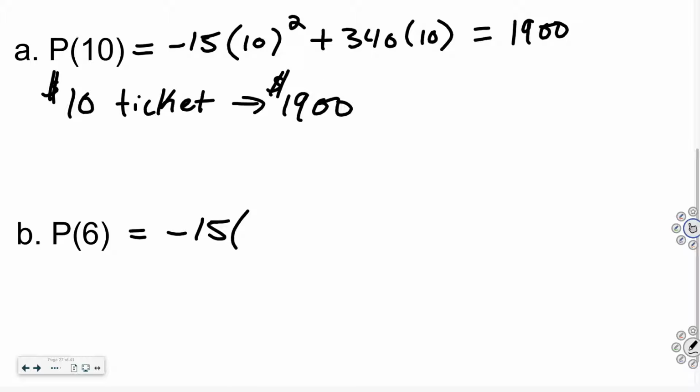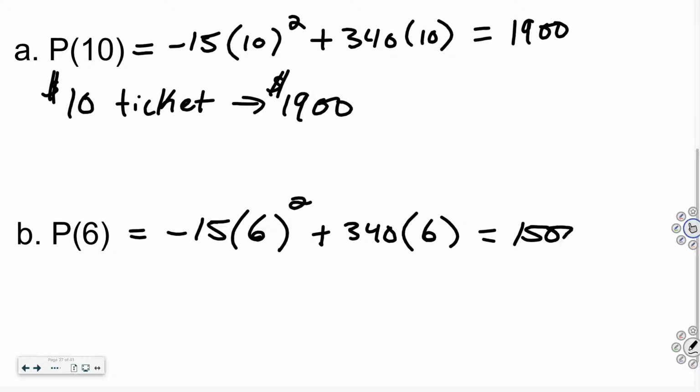Negative 15 times 6 squared plus 340 times 6 is 1500. So if it was a $6 ticket, that would lead to 1500 in profit.